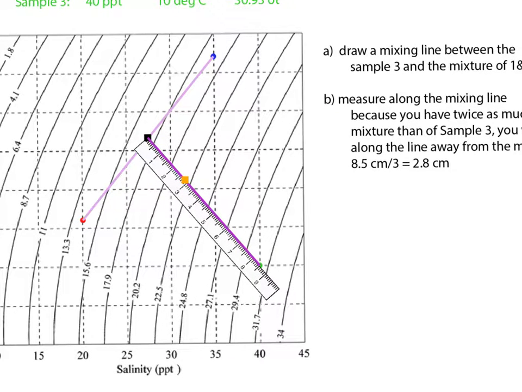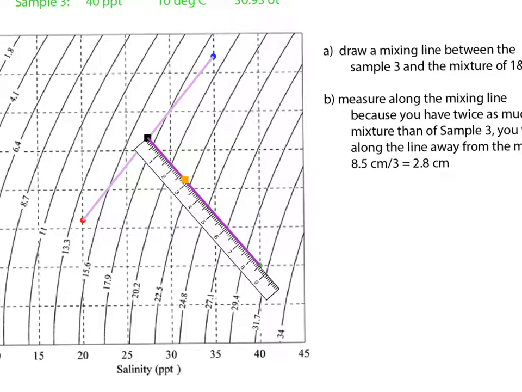If we take that 8.5 centimeters and divide it by 3, because we're looking for 1/3, we end up with 2.8 centimeters. And so we place the new dot to locate where the newest mixed sample would be. It's going to be 2.8 centimeters away from the water that has the most in it, which is 200 milliliters of this black box mixing sample.